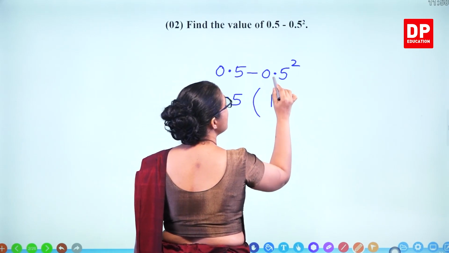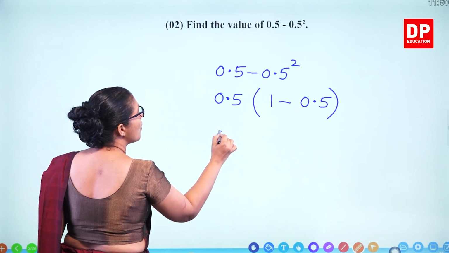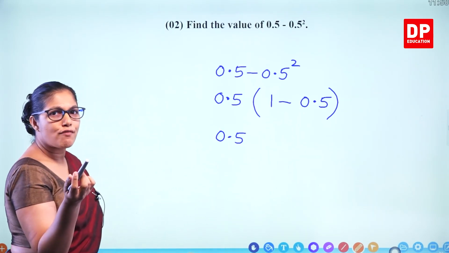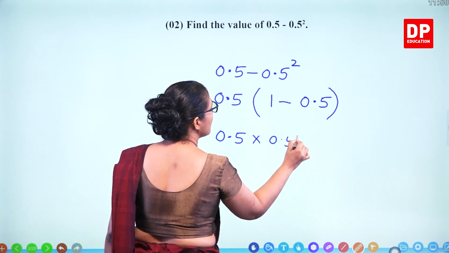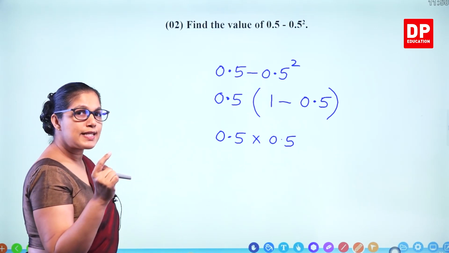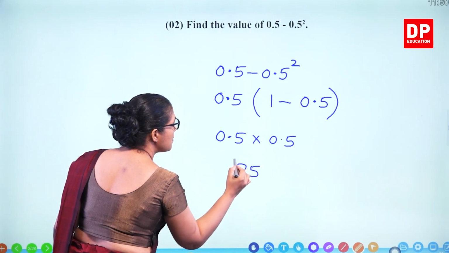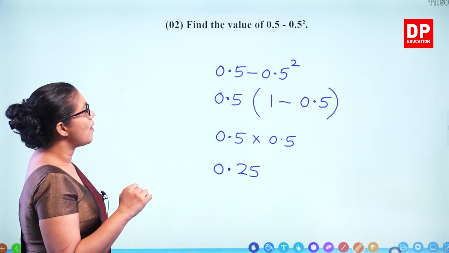You get 1 minus 0.5 remaining. 1 minus half is half, 0.5. Now just multiply without the decimal: 5 times 5, 25, and then 2 decimal places, so the answer is 0.25.